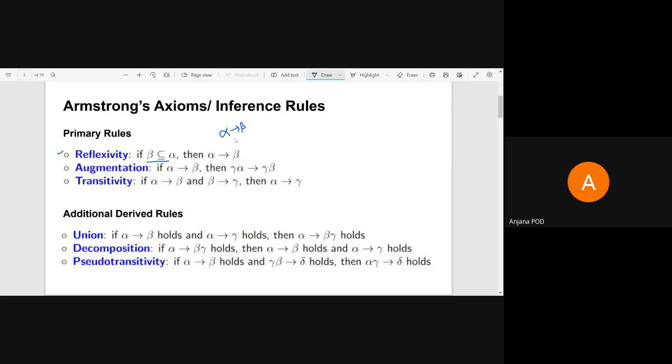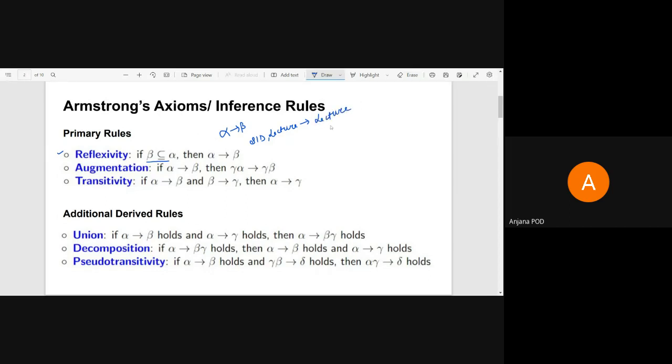In the form of an example, say for example we have sid and lecture.